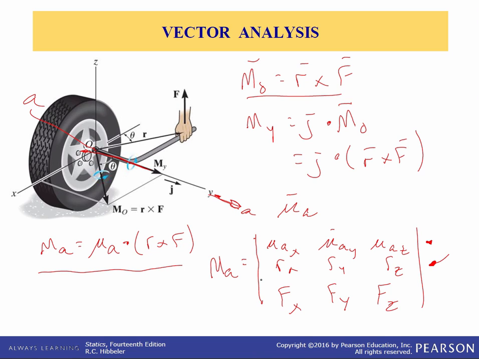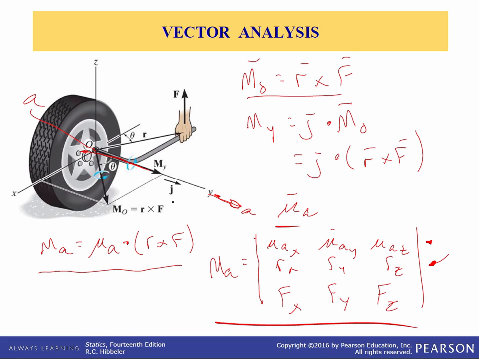Now when M sub A is evaluated from this equation, it will yield a positive or a negative scalar. The sign of the scalar indicates the sense of the direction of the moment along the A axis. If it's positive, then the moment along the A axis will have the same sense or direction as u sub A, whereas if it is negative, then M sub A will be opposite in direction to u sub A. Once the A axis is established, point your right-hand thumb in the direction of M sub A, and then the curl of your fingers will indicate the sense of twist about the axis.